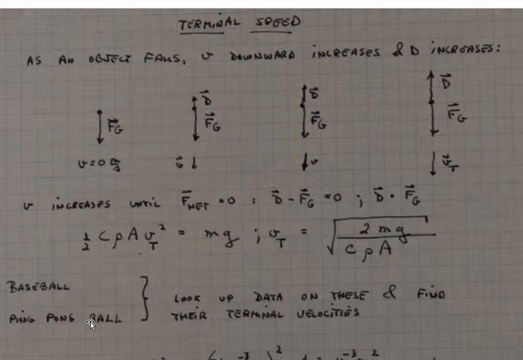Okay, I'll let you do that. You should stop the YouTube video and do that now. Just get on Google, and what you'll need for the baseball is the cross-sectional area and its mass, and then for the ping pong ball you'll need similar data.